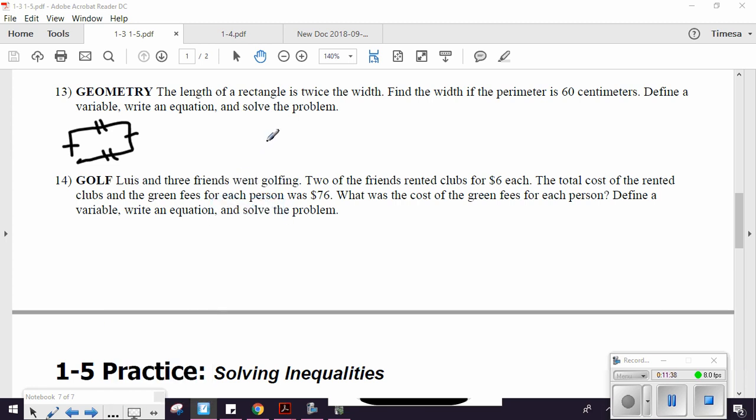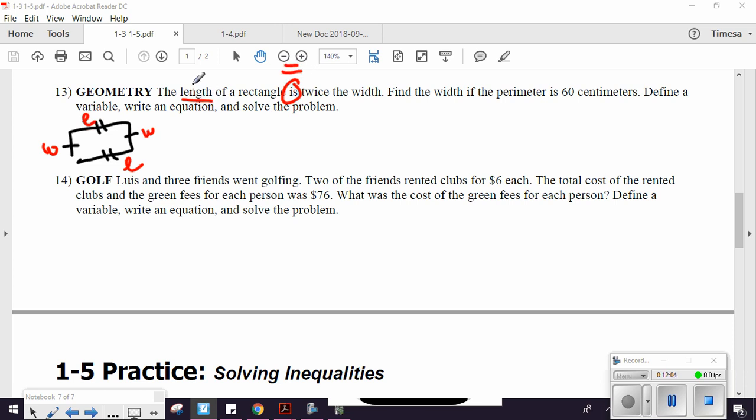So I don't know numbers yet, but I know that usually the width is the shorter end, but that doesn't really matter. So let's call this W for width. So that means this is my length. Now, according to this, it says length of a rectangle is. Anytime they say is, that means equal.